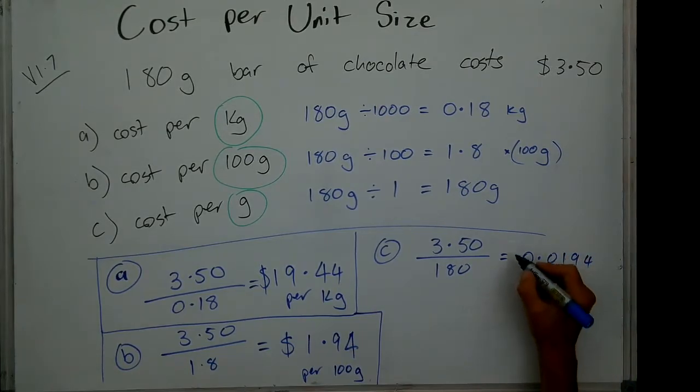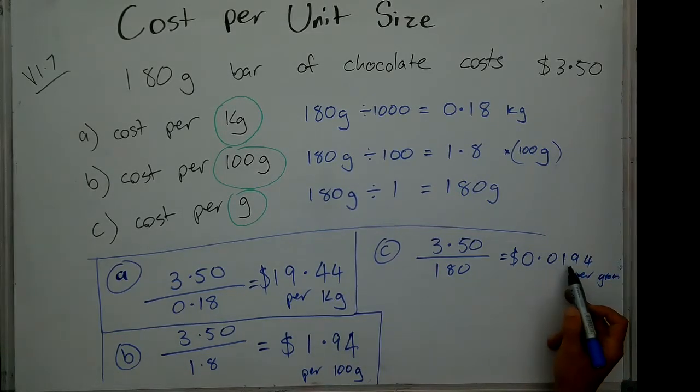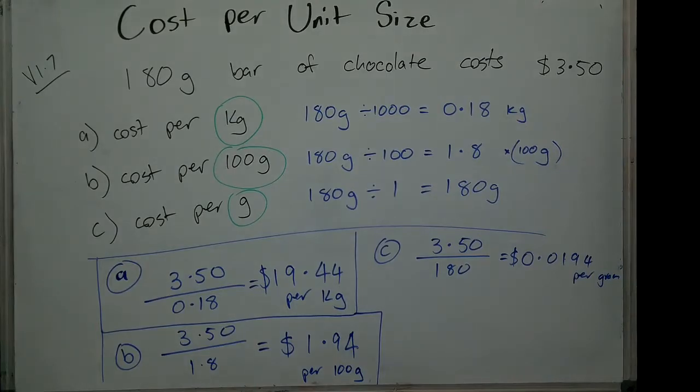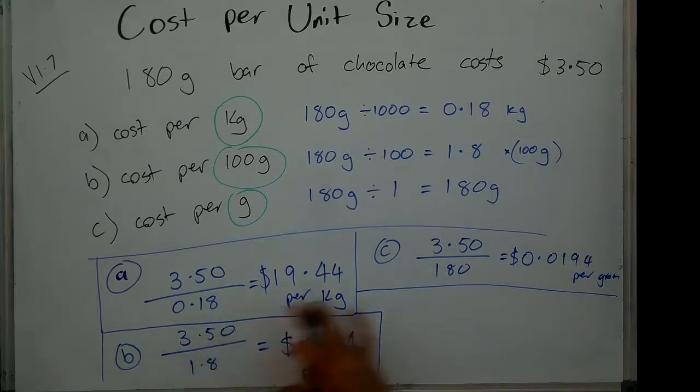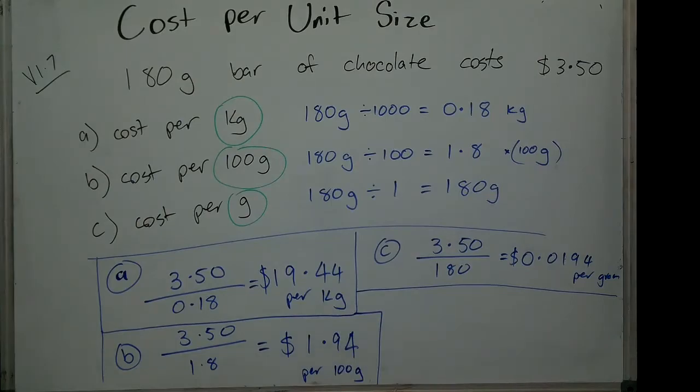So this is dollars per gram. So really it's 1.9 cents per gram of chocolate. So we're only talking about one bar of chocolate here, but this is just converting it into different versions. The cost per kilogram, 100 grams, gram.